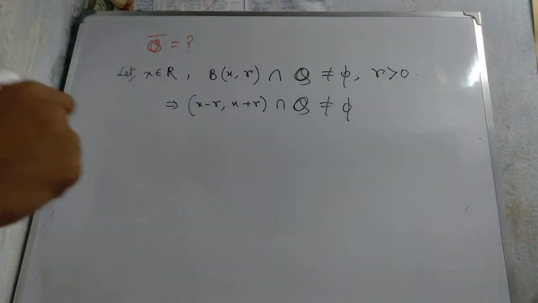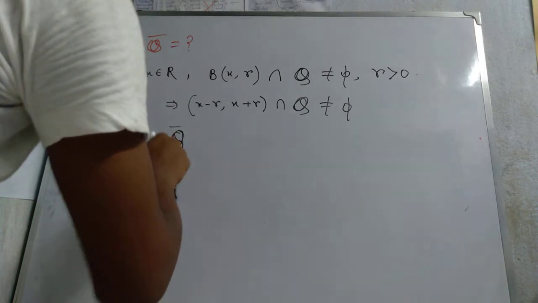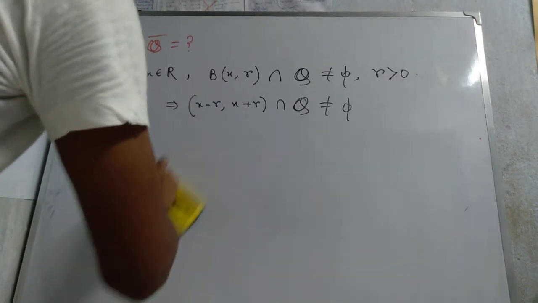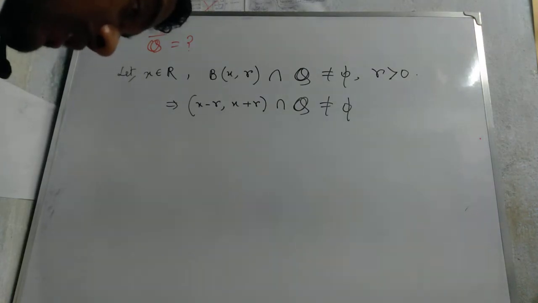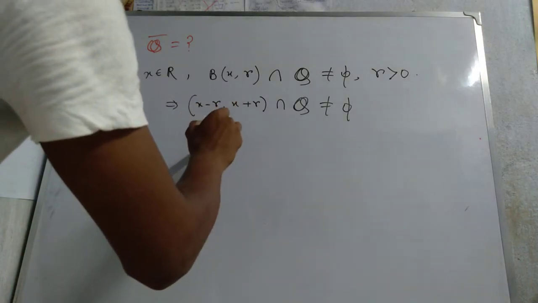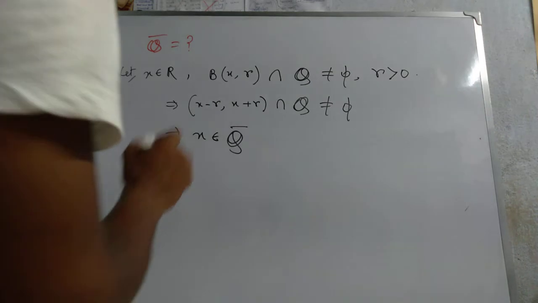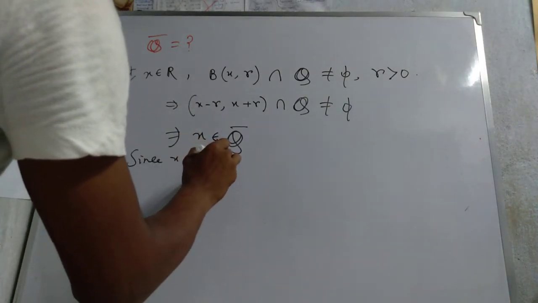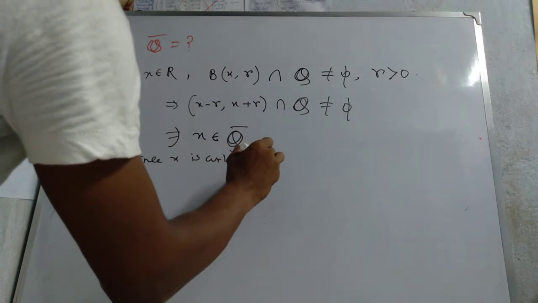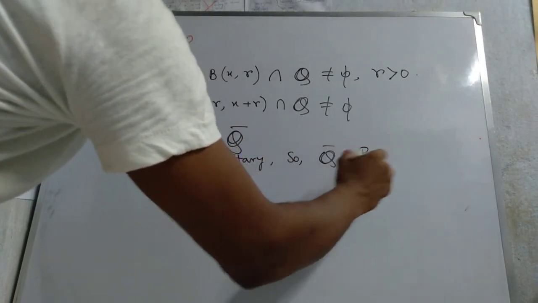Then we show that x is a limit point of Q, so x belongs to the closure of Q. Since x is arbitrary, the closure of Q equals R.